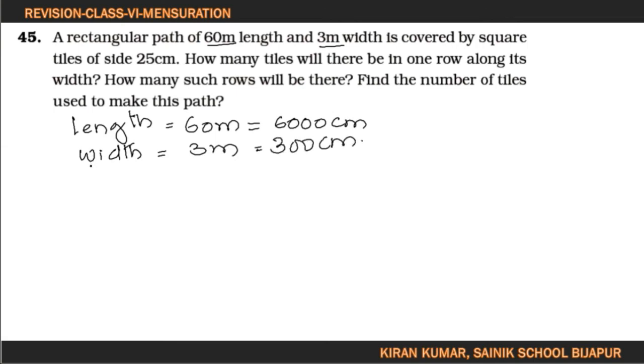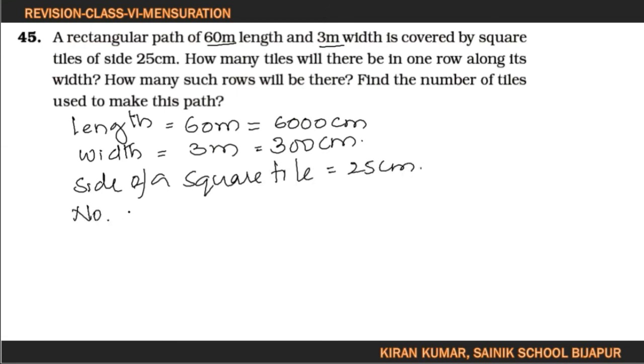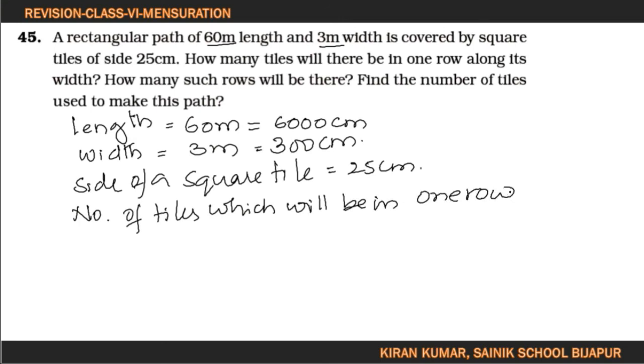And the side of a square tile is given as 25 centimeter. Now I'd like to find the number of tiles which will be in one row along the width of the path.